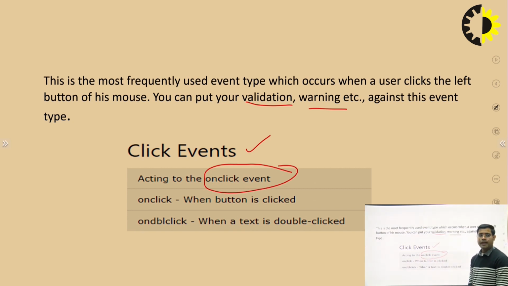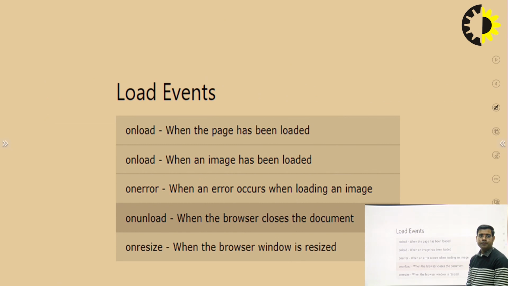In this category, there are two types of events. Number one is onclick and the other is ondblclick. So onclick event when a button is clicked, ondblclick when a text is double clicked. Then another type of event is the load event.